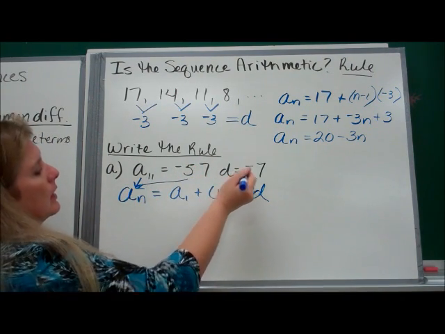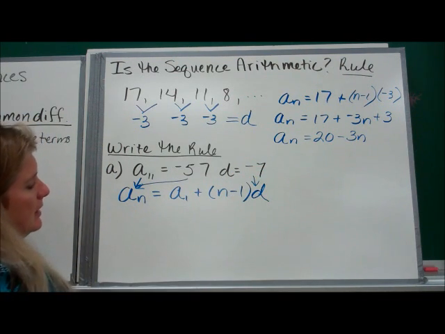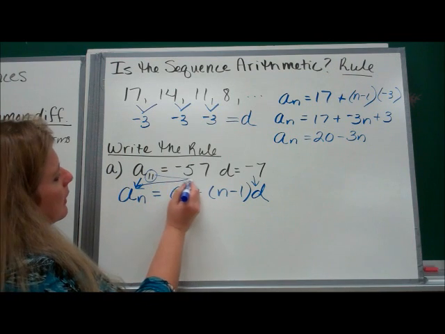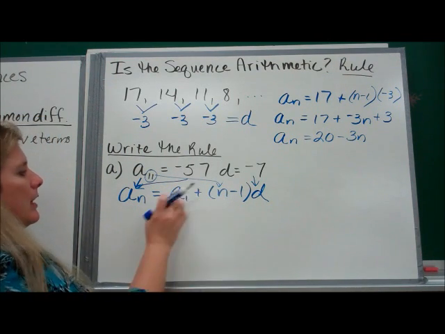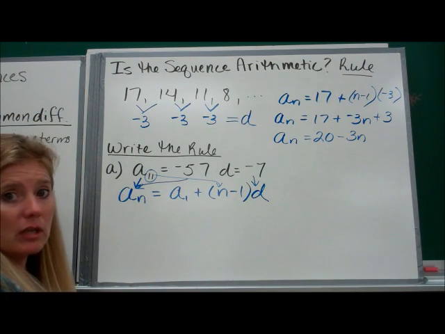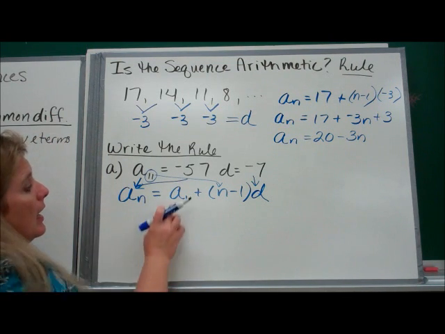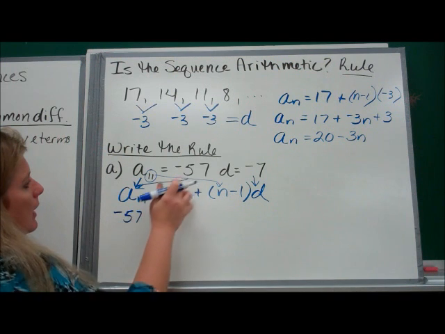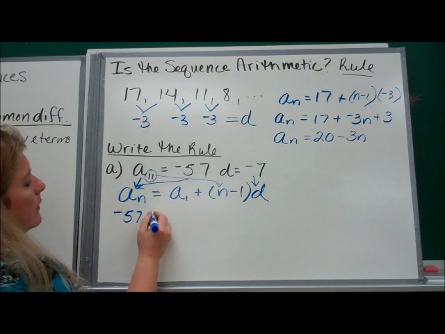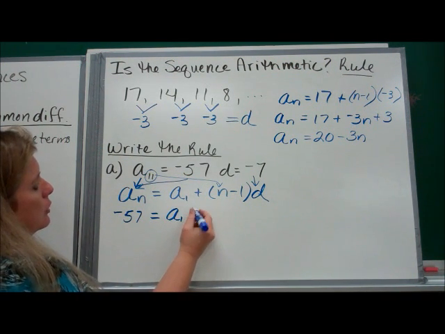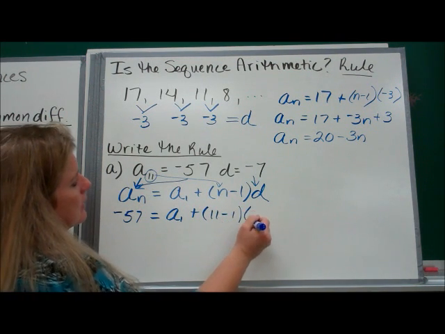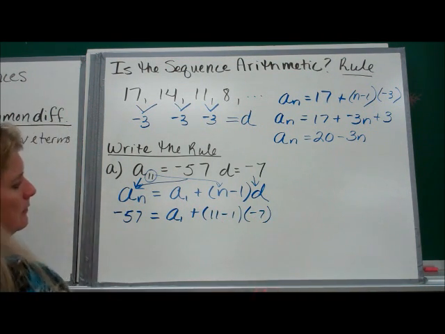We're going to plug in for d, plug in 11 for n, and use all of that information to solve for a sub 1. So negative 57, that is the 11th term, is going to equal the first term plus 11 minus 1 times negative 7.